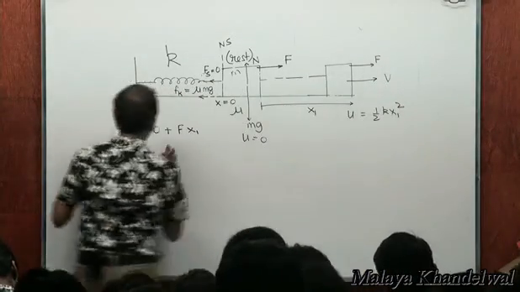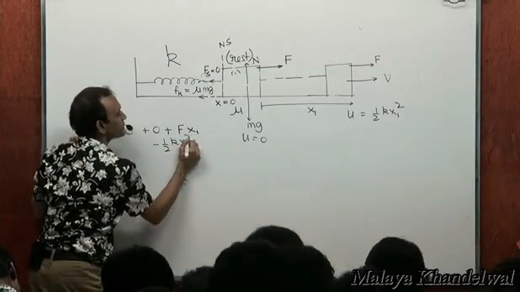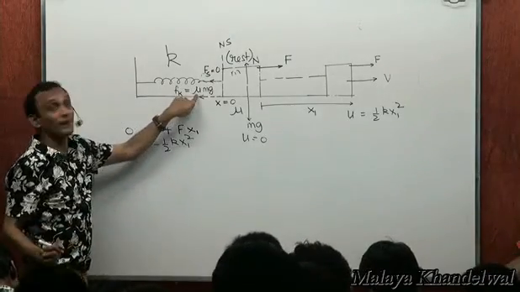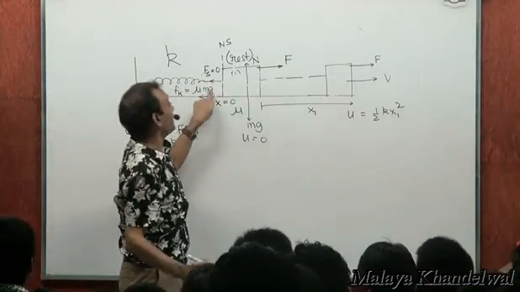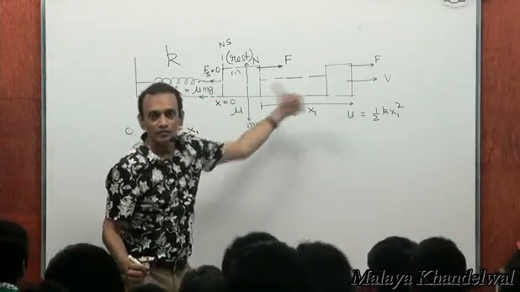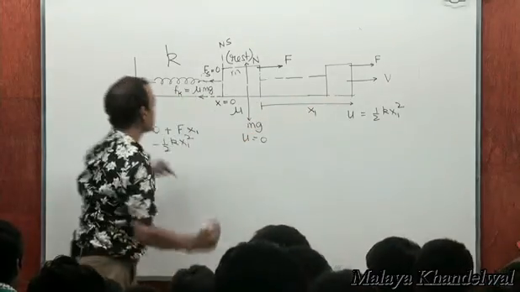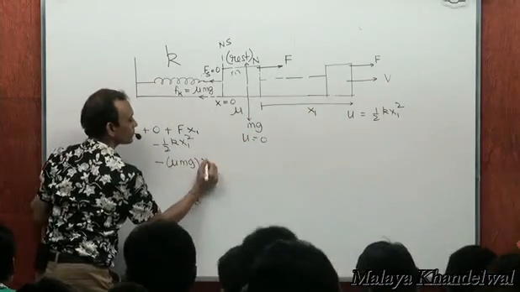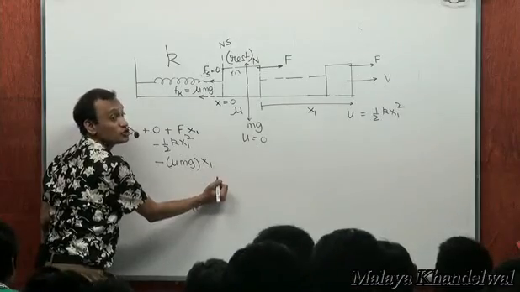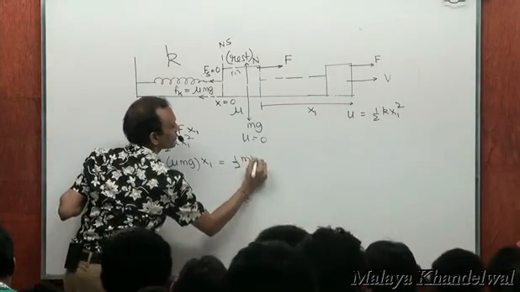So minus half k x1 squared is the work done by the spring force. And there is work done by the frictional force, which is minus mu mg into x1. Frictional force is leftwards and displacement x1 is rightwards. So minus mu mg x1, and this must be the change of kinetic energy. That means this must be half m v squared.